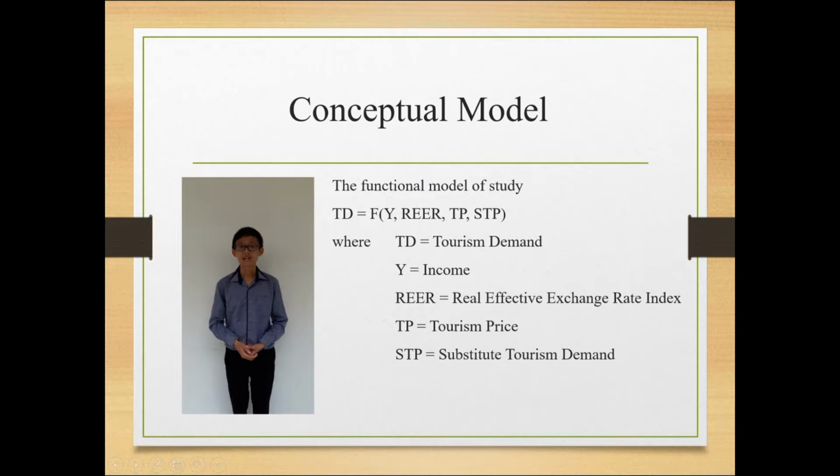In addition, tourism demand is expected to respond negatively towards tourism price, in which higher tourism price discourages Indonesians to visit Malaysia. Lastly, there is no expectation for the substitute tourism price.